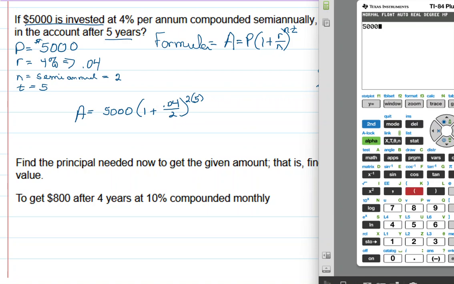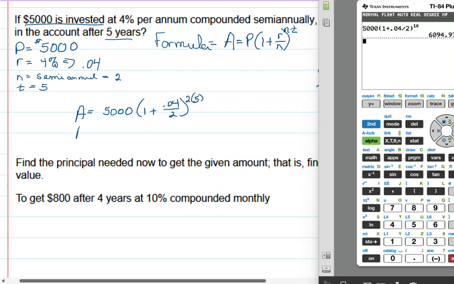Open parentheses, the 1 plus the 0.04 divided by 2, close parenthesis, up caret, and I'm going to put in 10. Our future value, because that's what A is, future value, and money is in 2 decimal places, is $6,094.97.